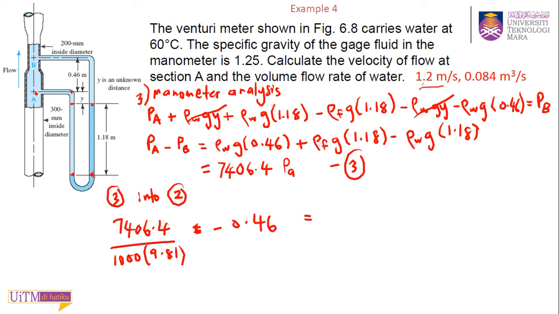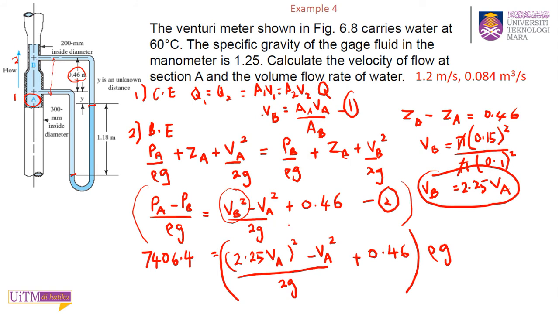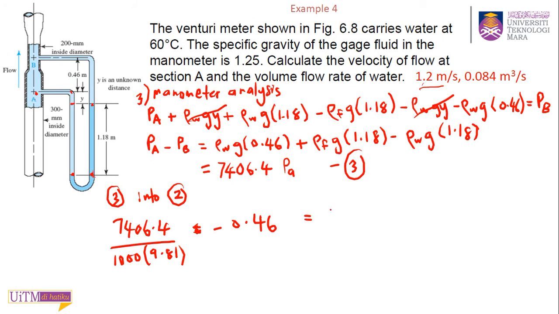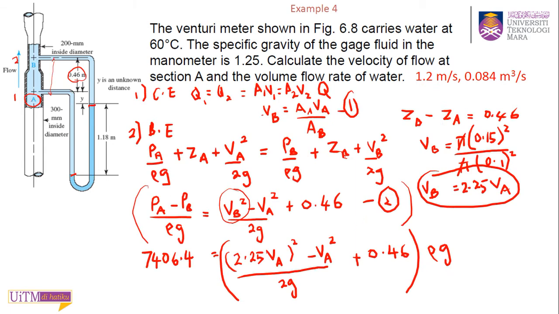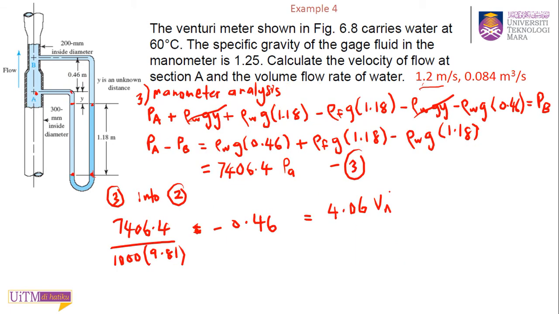This will be equal to 2.25 squared, betul? 2.25 squared minus 1, so will be 4.06 squared, 4.06 VA squared, okay, divide by 2 times 9.81.